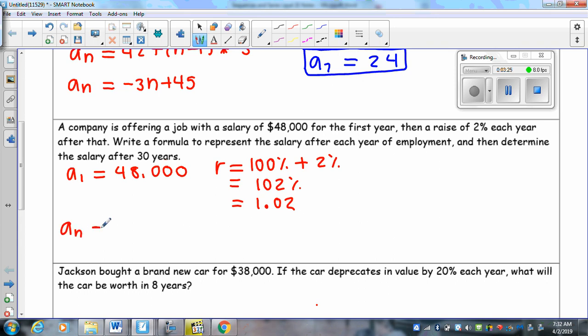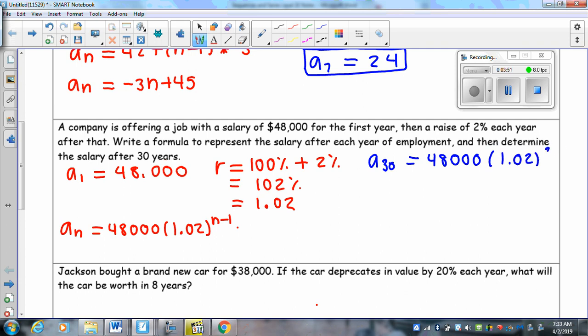A sub n equals A1, which is 48,000, times R, so 1.02, all raised to the n minus 1. Okay, so now we're looking for the 30th year, so that means we're finding A sub 30, so that's going to be 48,000, parentheses 1.02 to the 30 minus 1 power.